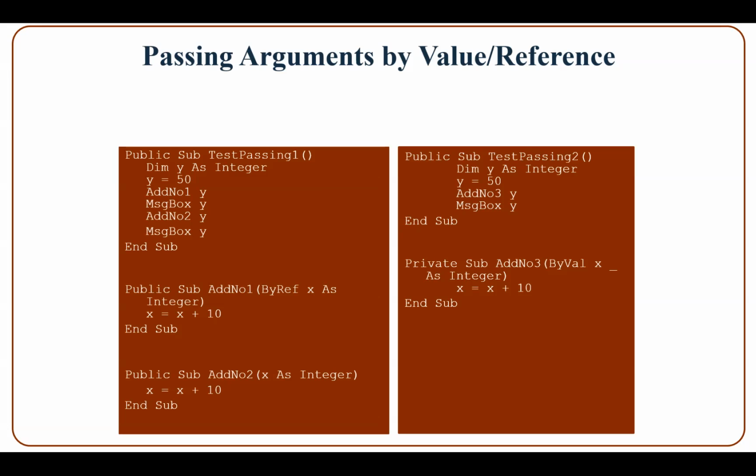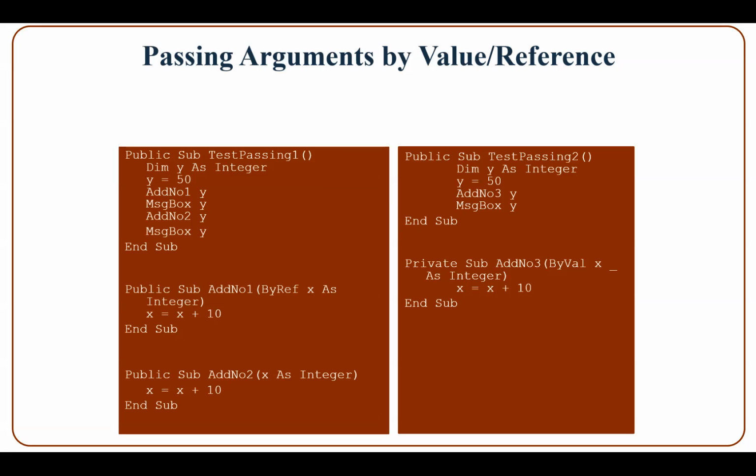Now you call AddNum2 and pass y to it. It repeats the same thing, and when you display y, it gives you 70. So what we see here won't happen in TestPassing2. The reason is in AddNum3 we use passing by value.